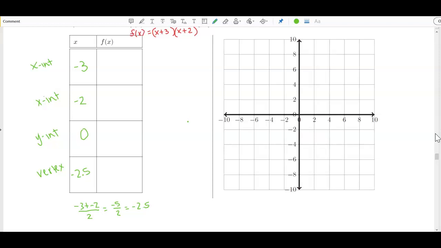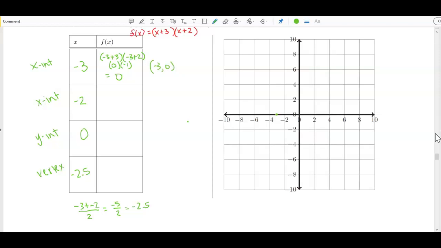Okay, so now we have our x's, and we're going to put those in place of x to figure it out. In our first one we'll have -3 plus 3, and then -3 plus 2. Well, we know that that's 0, and 0 times anything is still going to give us 0. So one of my points is -3, 0.